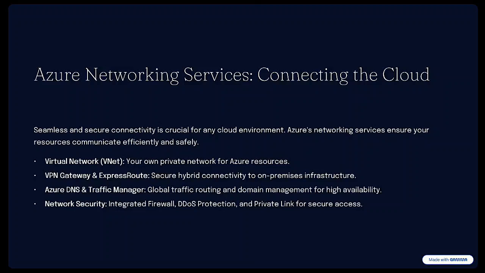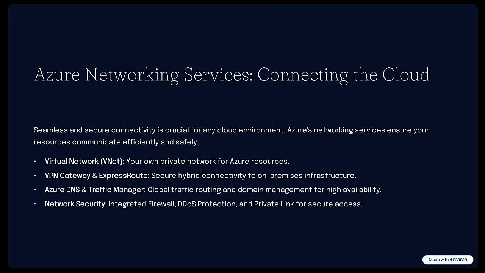So that's the reason we will be discussing virtual networks, called VNets, VPN gateway and ExpressRoute. A virtual network is your own private network for your Azure resources, and VPN gateway is secure hybrid connectivity to on-prem infrastructure. If you want to connect your on-prem infrastructure with the cloud, VPN gateway is used.